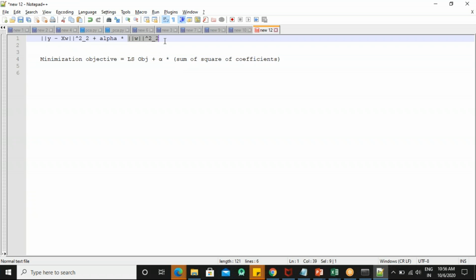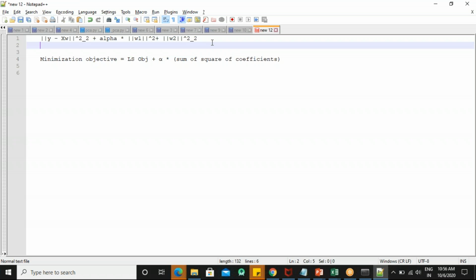It will be something like this, W1, W2. You can remove this underscore 2 if it is of any confusion. It is there just to explain L2. So this is the sum of the squares of the weights. So remember how these formulas are built.